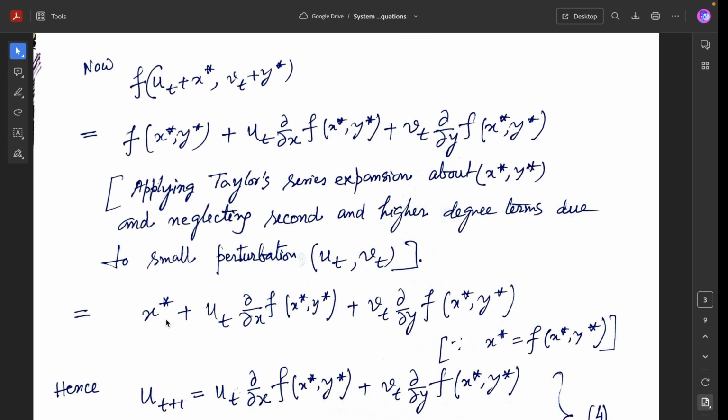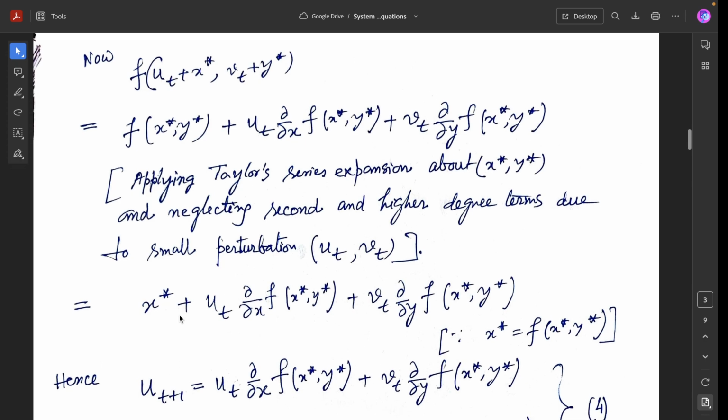This is equal to x* + u_t del_x f(x*, y*) + v_t del_y f(x*, y*), because f(x*, y*) = x*, since (x*, y*) is an equilibrium point.